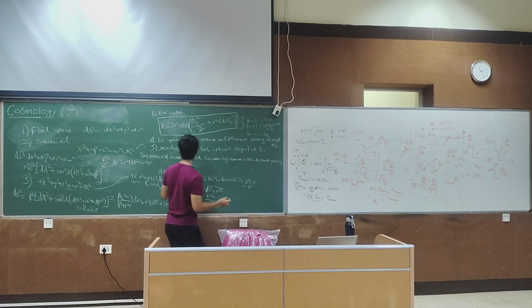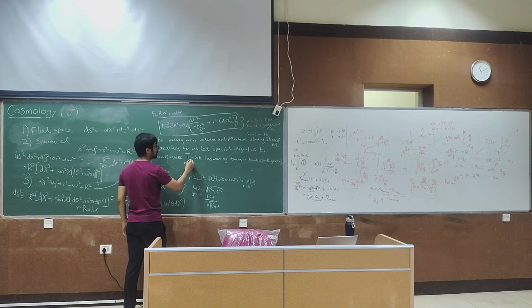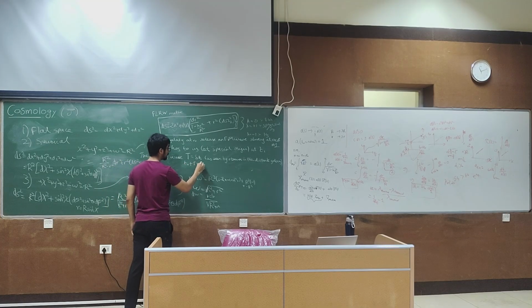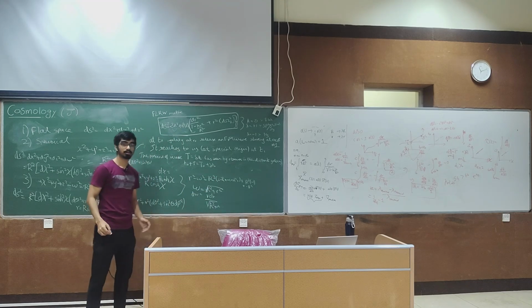Okay, so that event would happen at T naught plus T, which is T naught plus delta T naught, right?